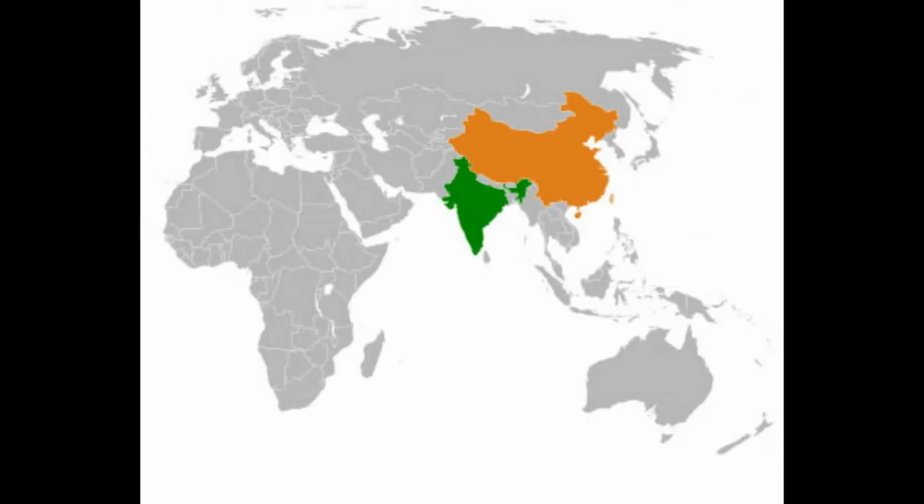The 2 most populous countries, or those with the most people, are located in Asia. Those 2 countries are India, shown on our map in green, and China, shown on the map in orange. More than 1 billion people live in each of these countries today.